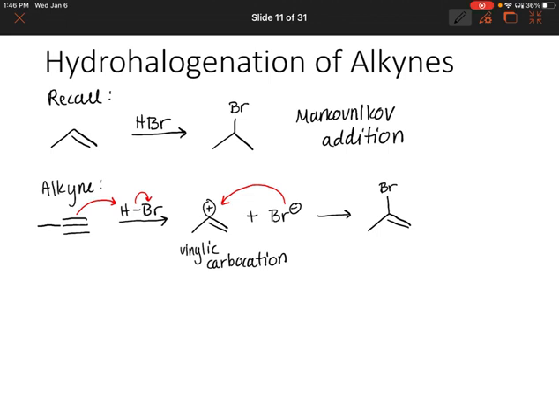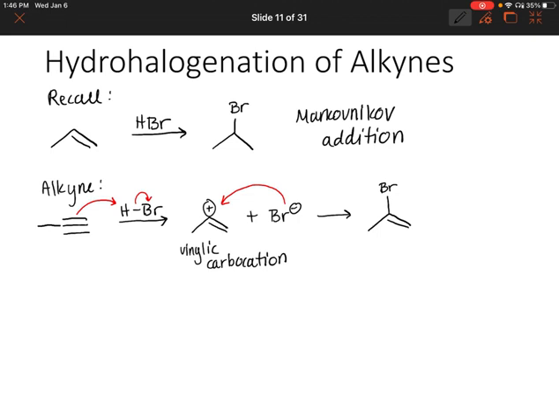But additionally, looking at this mechanism we drew, we would assume this would be a second order reaction. So it would just depend on the concentration of the alkyne and HBr. But through kinetic studies, scientists found that this is actually a third order reaction, not a second order reaction, which is very interesting.